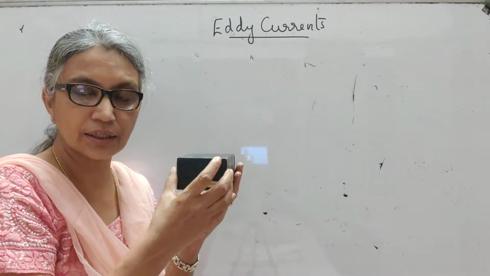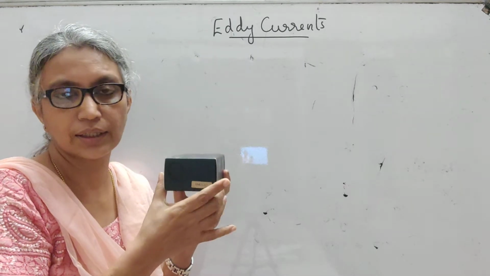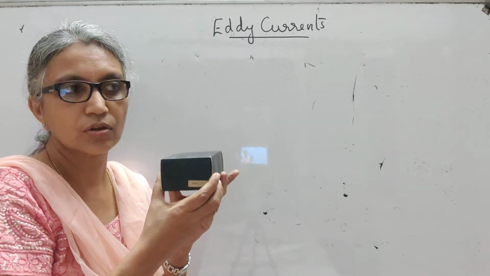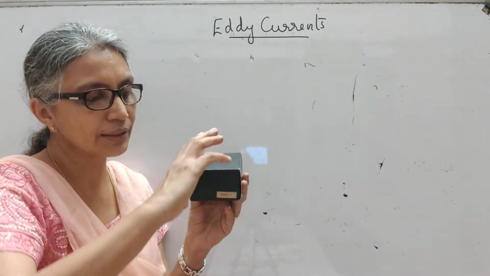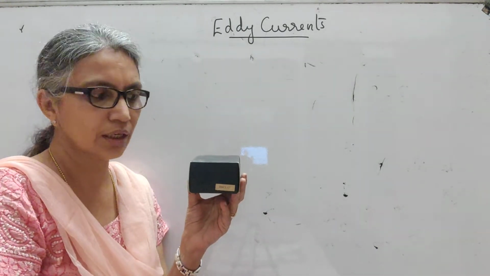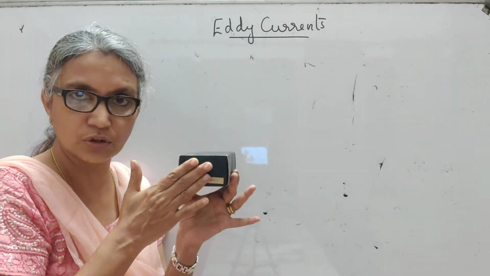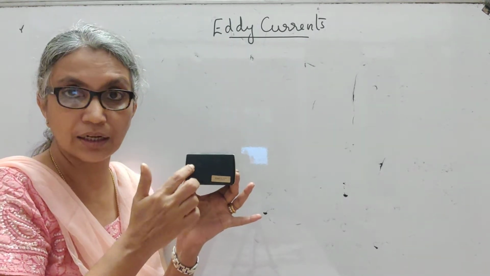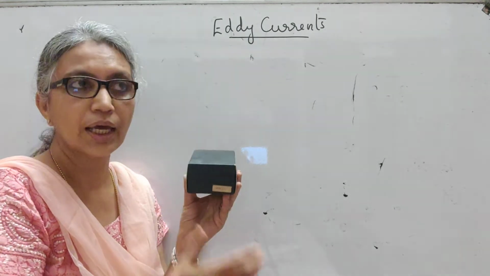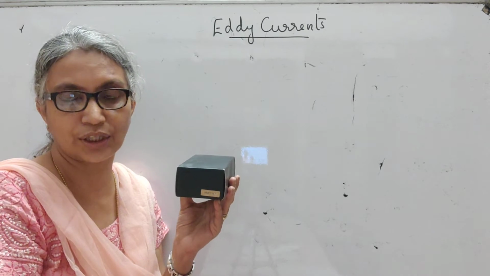Now in this case, there are certain galvanometers whose core is a non-magnetic metallic material. So what happens is, as the coil moves, there is a change in the magnetic flux which is also passing through the core. Because of a change in flux through the core, there will be eddy currents set up in that core, and these eddy currents, as you know, are induced currents which oppose the change in flux.